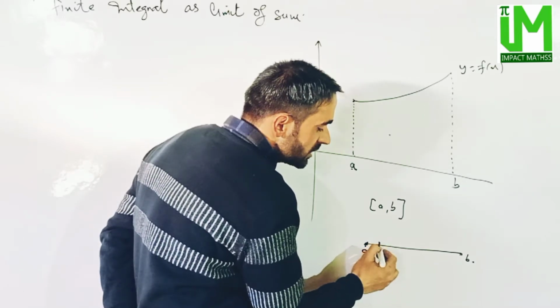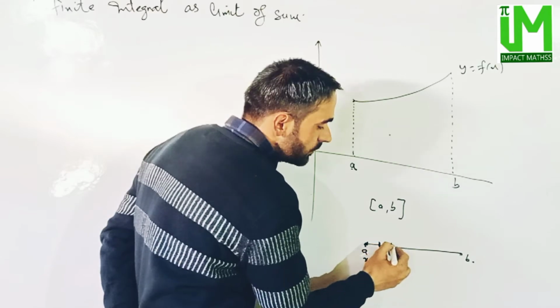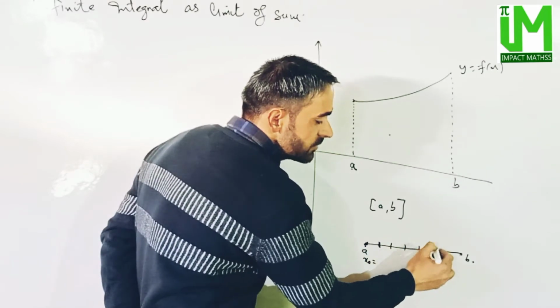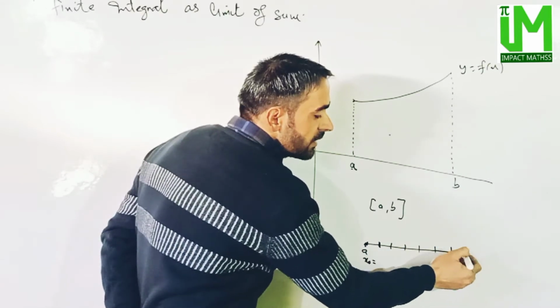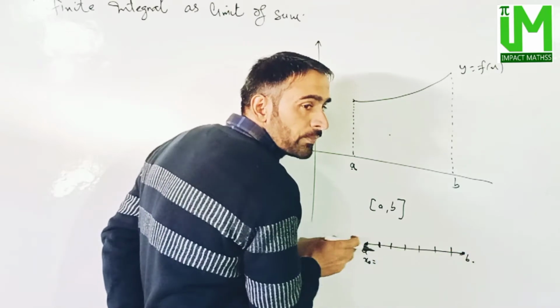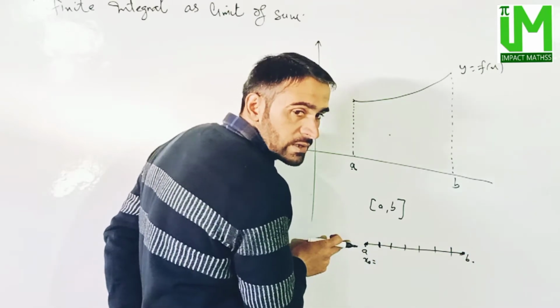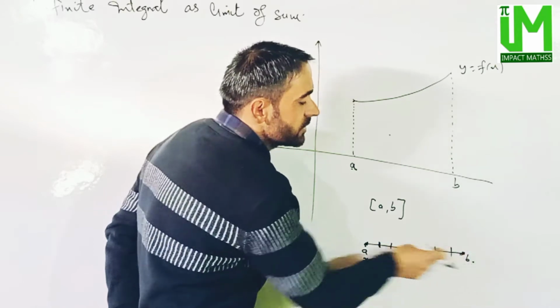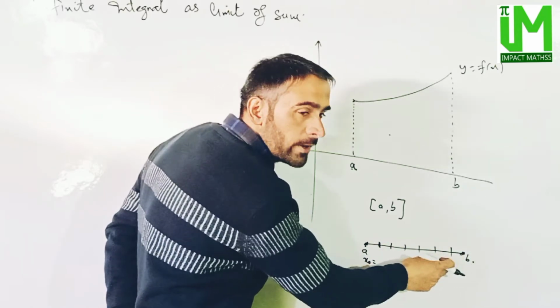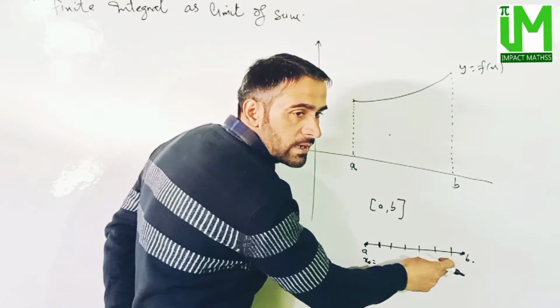So we divide a to b into n equal parts, or n equal intervals.